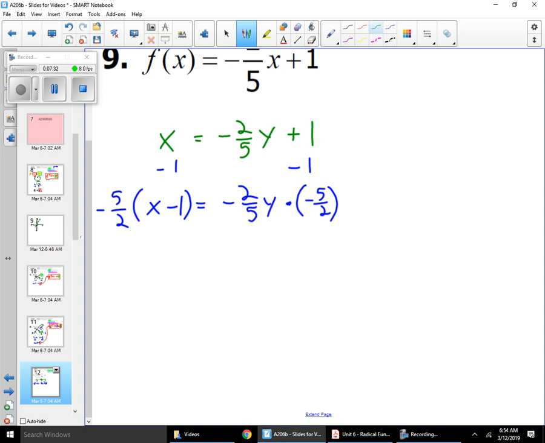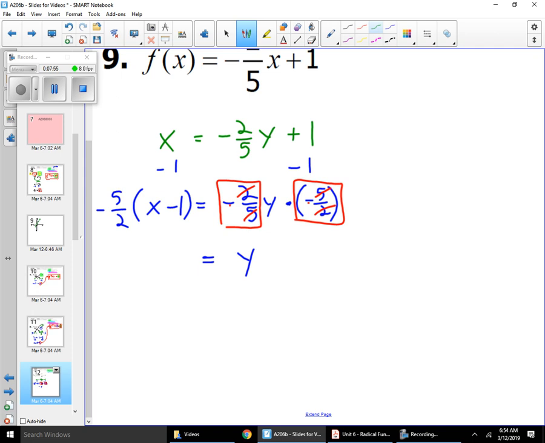So not too crazy here. The reason this works is because on the right here, notice negative 2/5 times negative 5/2. 2 on top, 2 on the bottom. Those cancel. 5 on the bottom, 5 on top. Those cancel. Negative times a negative becomes positive. So all I'm left with is a positive y on the right.